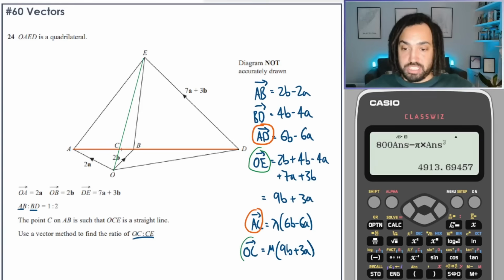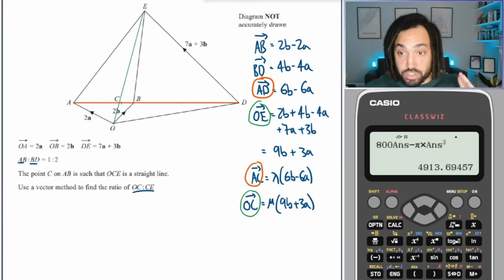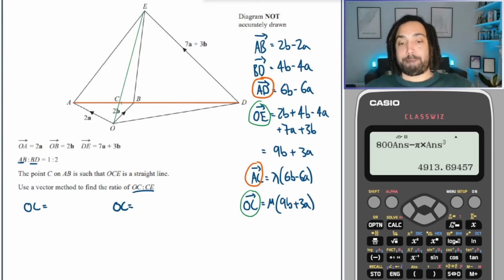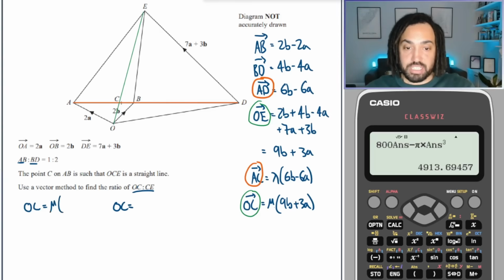Okay, right, this is handy because what I can do now is I can find OC in two different ways. And this is the essence of how we do these questions. So I can get two expressions for OC. The first one, I will use the green line, and in fact, we've already found it. It's mu lots of the green line.